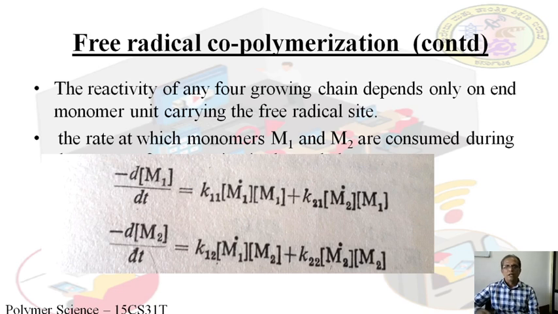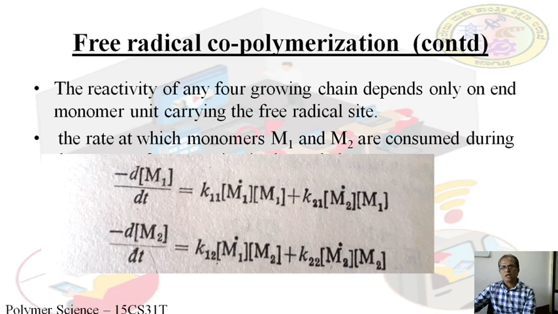The rate at which monomers M1 and M2 are consumed during the propagation step is given by the derivative equations. Minus d[M1]/dt is equal to K11 [M1•][M1] plus K21 [M2•][M1]. Similarly, minus d[M2]/dt is equal to K12 [M1•][M2] plus K22 [M2•][M2].